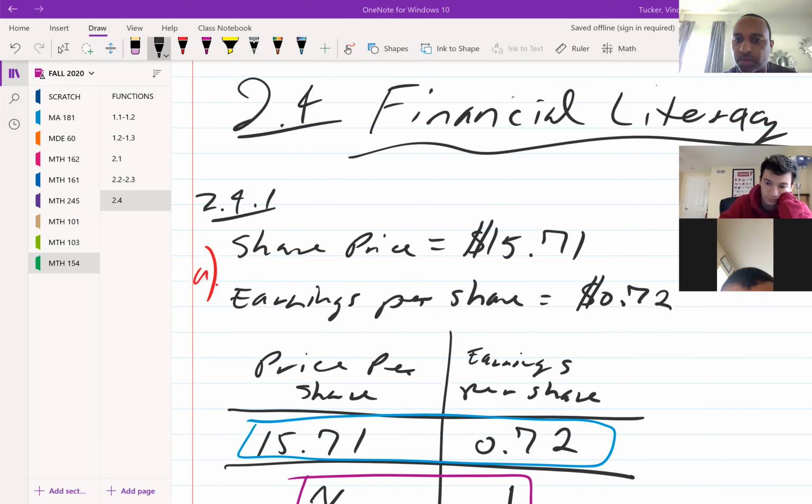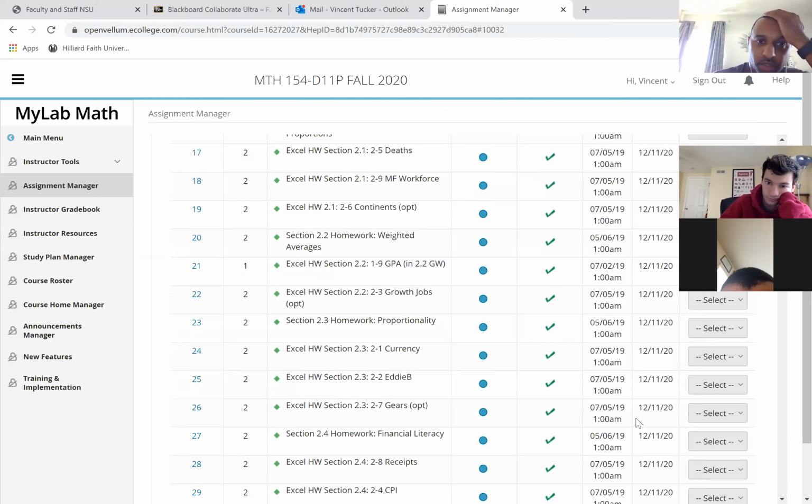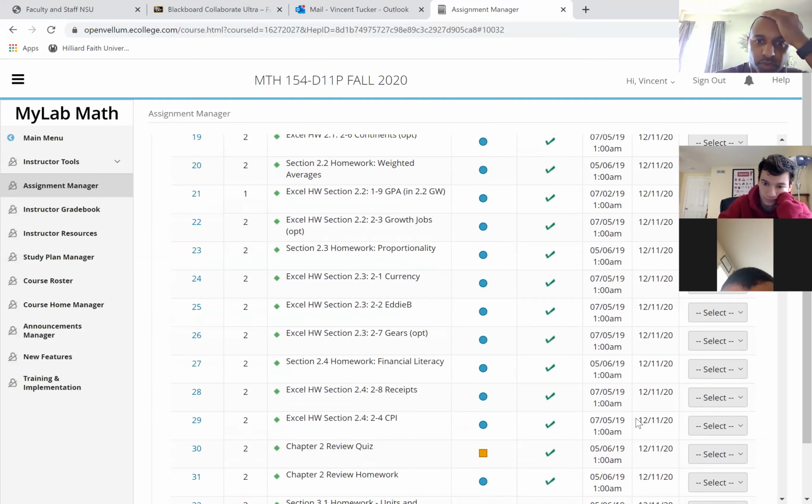I hope for some reason it's not showing my math lab window. All right. So here we are. So we're looking at 2.4.